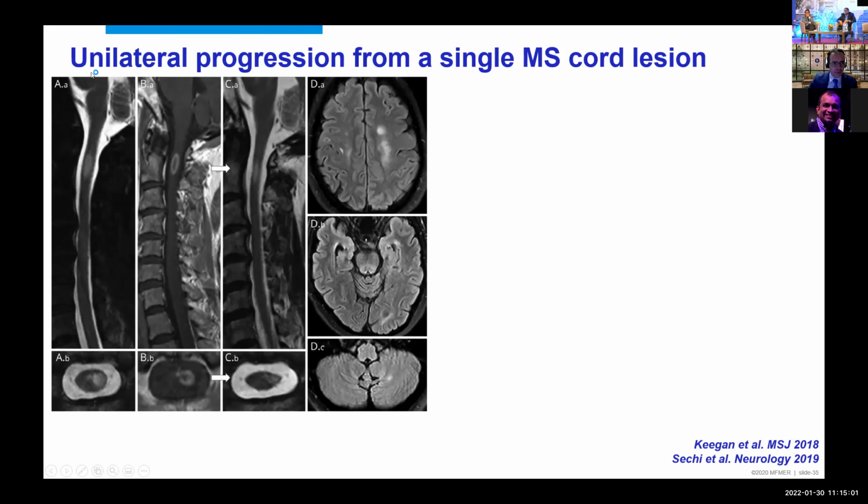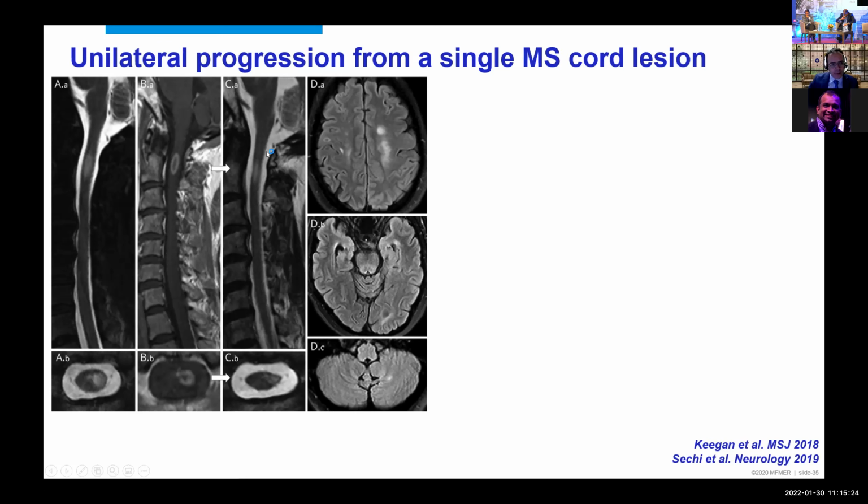This is a case from a group of patients where we looked at unilateral progression from a single MS lesion. This patient presented with a myelitis, with left-sided weakness of the arm and leg, and you can see an acute lesion here, in the left lateral column. We can see a ring of enhancement. We talked about that earlier, that we can see with MS or aquaporin 4 antibodies. And again, a ring here.